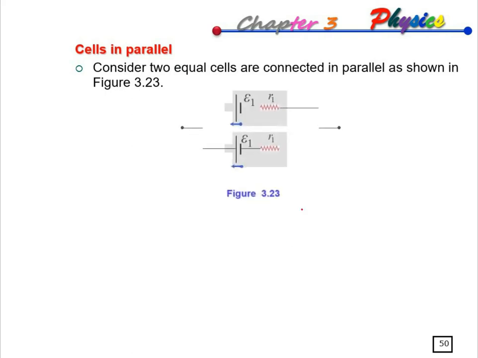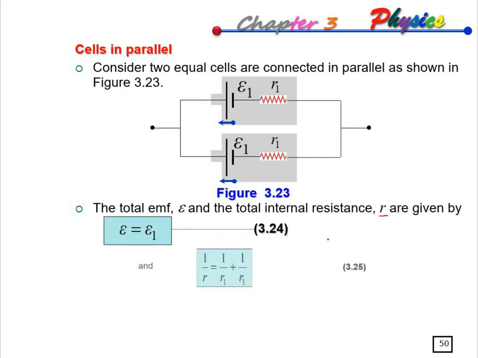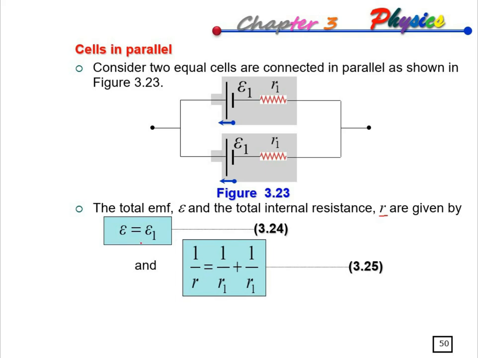Or the cells in parallel. If we have two cells connected in parallel, in figure 3.23, the total EMF and the total internal resistance R are given by the equations: the total EMF equals EMF1 only. And for the total internal resistance, because the connection is in parallel, the equivalent resistance is 1 over R equals 1 over R1 plus 1 over R2.